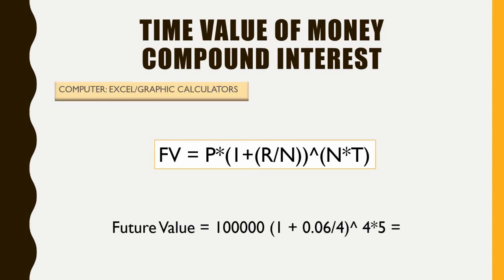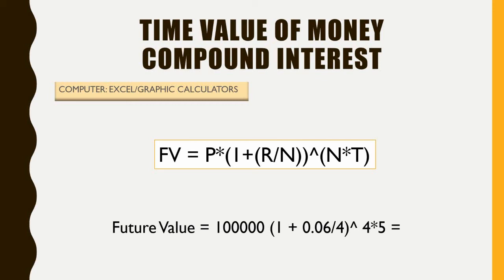So once again, when we are going to be punching this into Excel, this is the exact order you need to have it, because it's very crucial that you know this formula, because this is what you're punching into Excel. You're going to type equal, then your P, then your asterisk, open parentheses, 1 plus another open parentheses, your R, which is your rate.